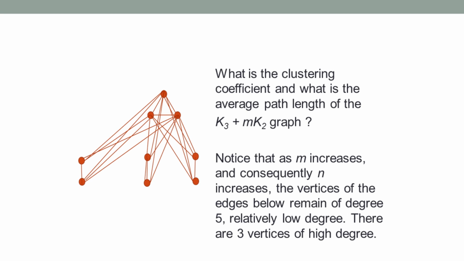Now, what happens as far as the small world nature of this graph? Notice that even though we're adding a lot of edges into the bottom, the degree of each of the vertices in the edges below doesn't change. It's still, in each case, 4. And as M grows, 4 becomes a relatively small number.